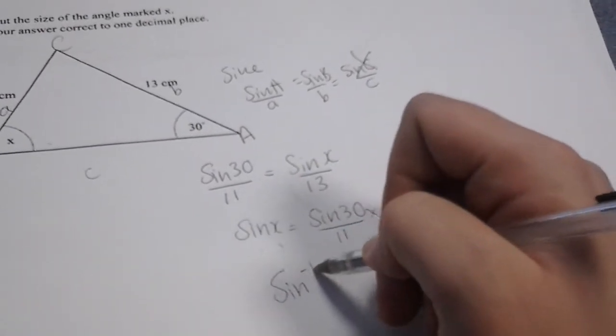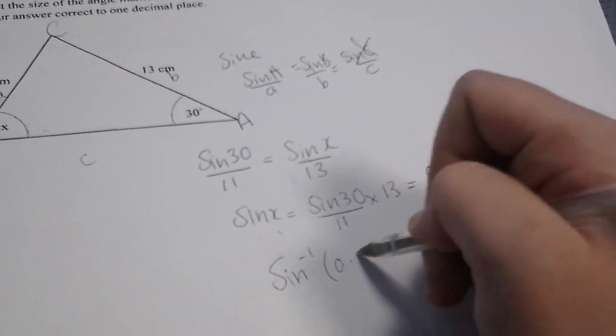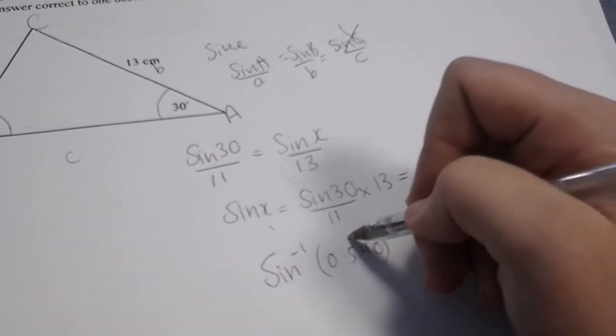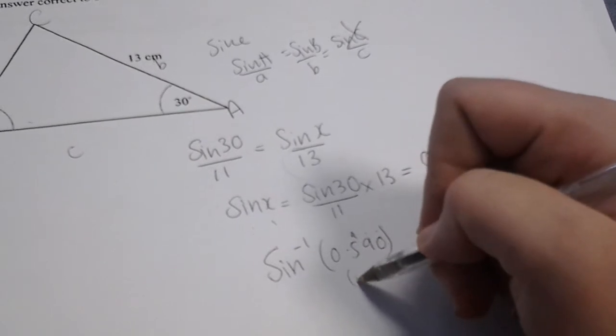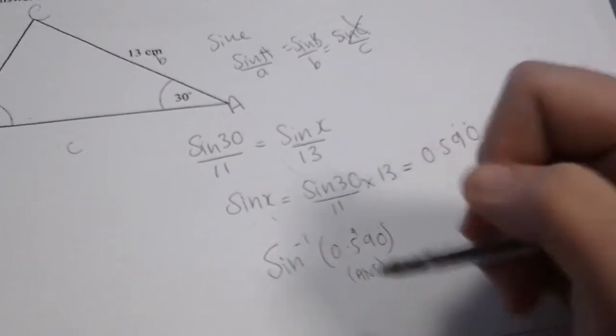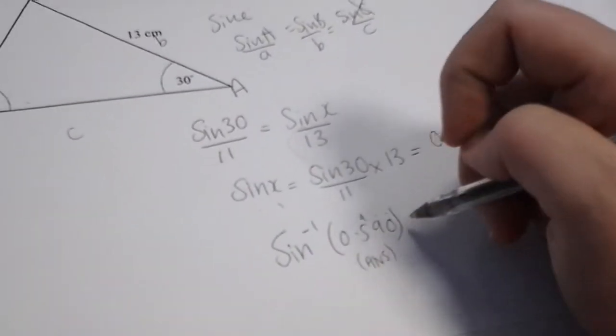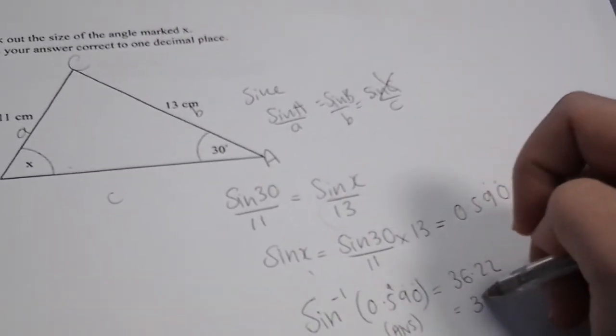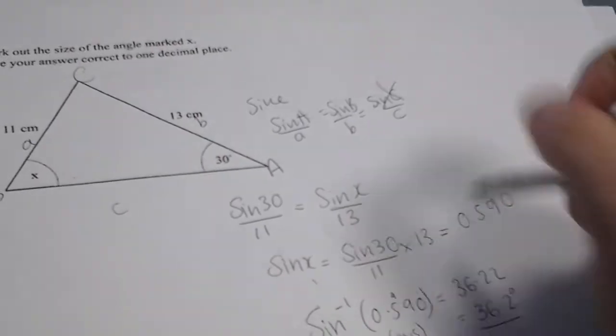So sine to the minus 1 of 0.590. It's easiest just to use the answer button on your calculator. Just use that answer button and it will keep all the decimals in for you. And that's 36.22, which is 36.2 degrees because they've said to one decimal place.